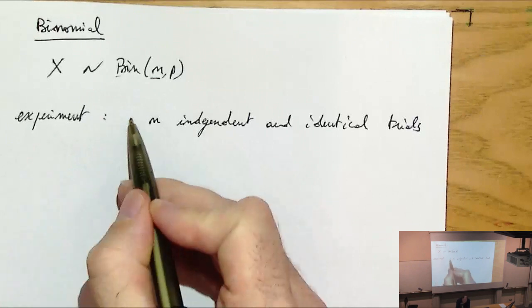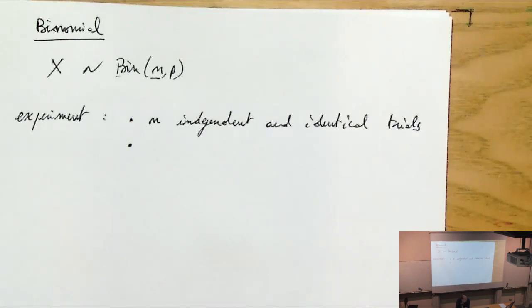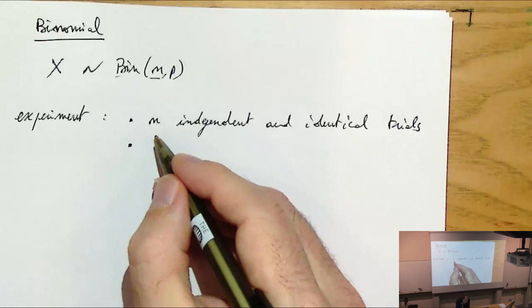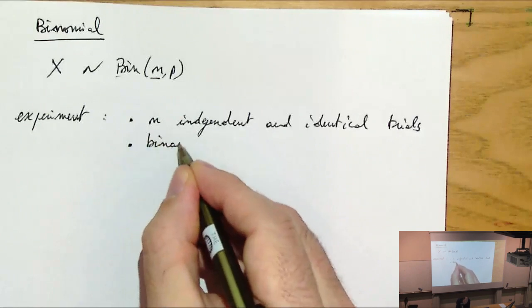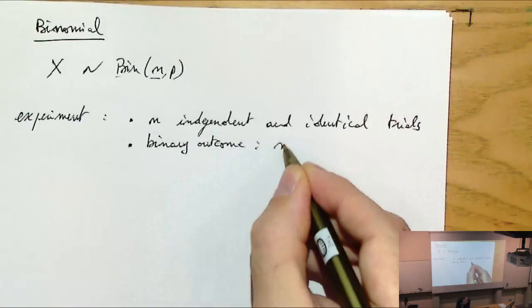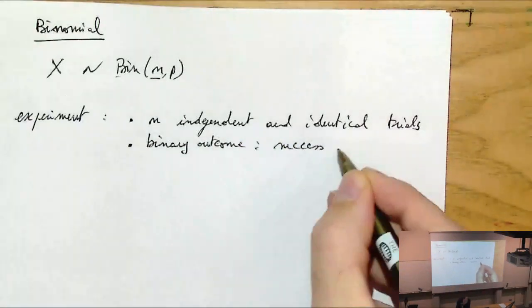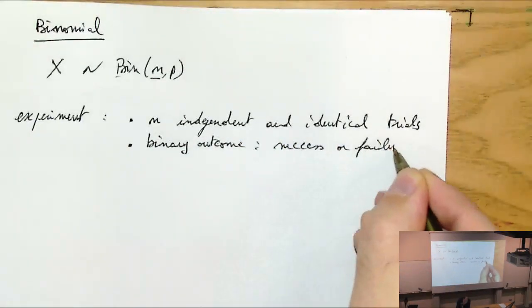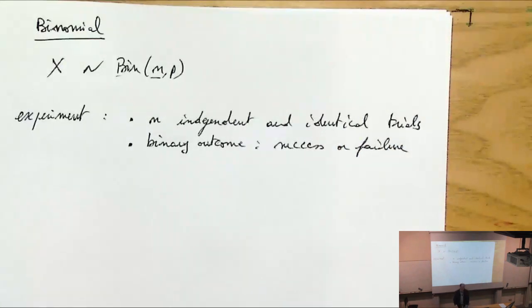That's the first characteristic of a binomial. The second one is that the outcome has to be binary. So you need to have binary outcomes, which we usually call success or failure. For instance, you toss a coin and you're looking at the head. Head is your success. You can have n trials, say 6 trials, where you toss a coin, and if you have multiple heads, this is what you call success.